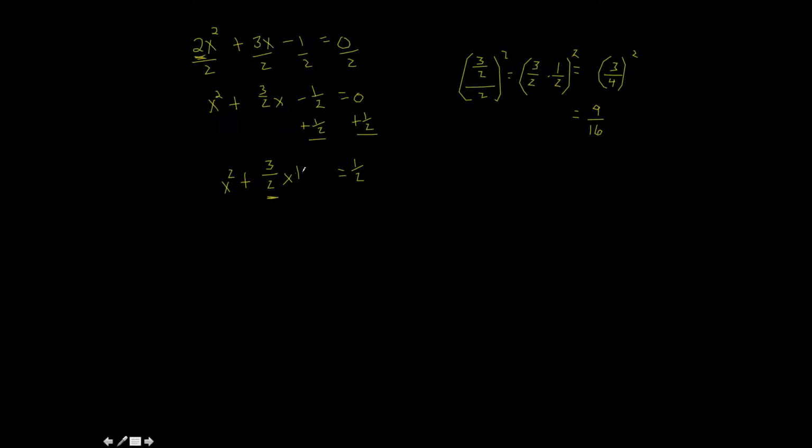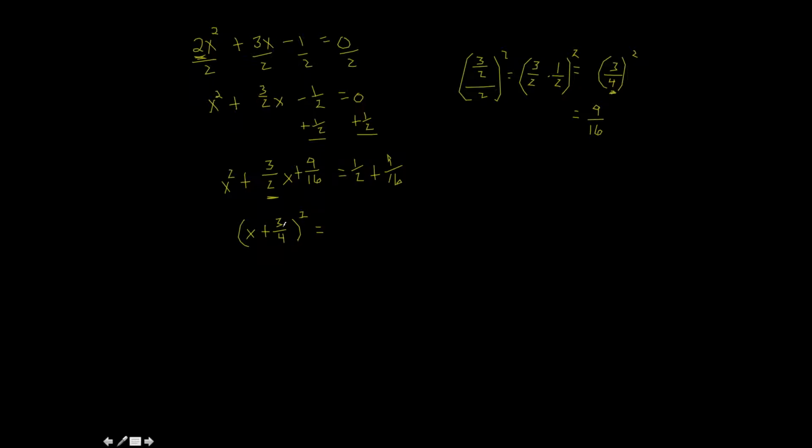So add 9/16 to both sides. Now this is where the little trick with the factoring is going to come in handy, like I showed you on the last problem. What is b divided by 2? Well, b divided by 2 is 3/4. So what we can do is say that this is x plus 3/4 squared.